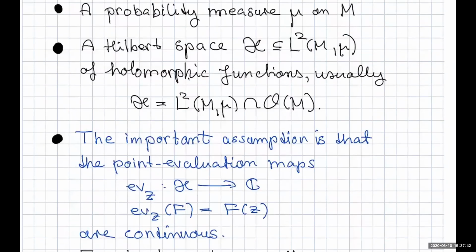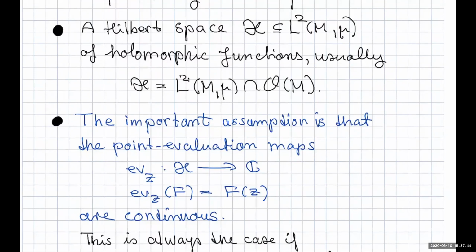And in most of the cases, the Hilbert space that we take is just the space of all holomorphic functions on M which are square integrable. This is actually then a closed space.